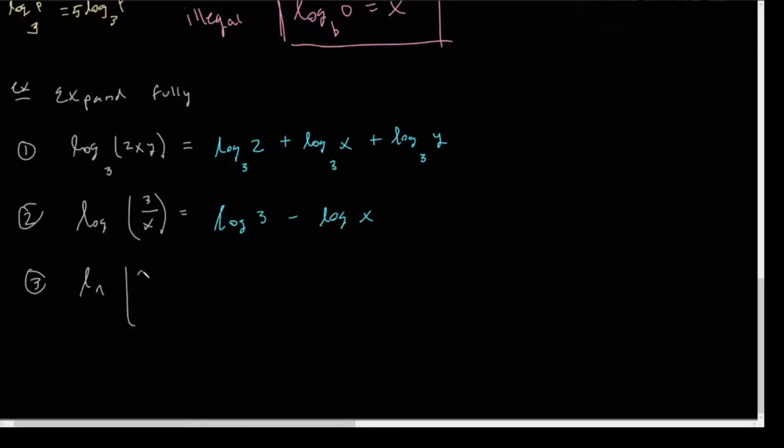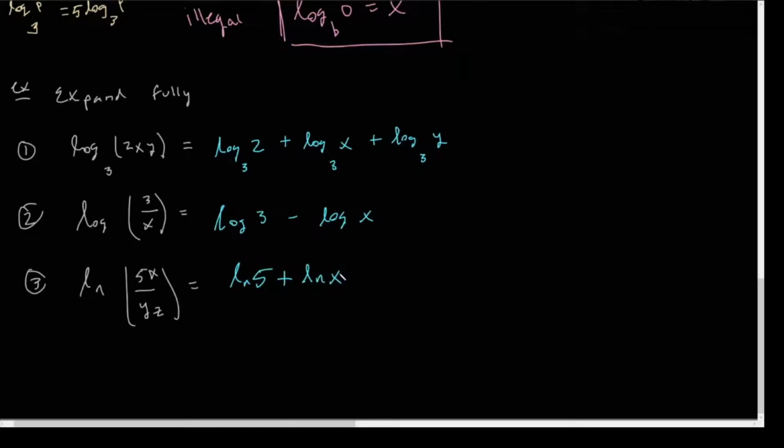Natural log of 5x over yz. Same story, it's written as natural log currently. I could rewrite it as log base e, but there's really no reason to, so I'm going to leave it as natural log. Let's look at the numerator first. It would be natural log 5 plus natural log x.